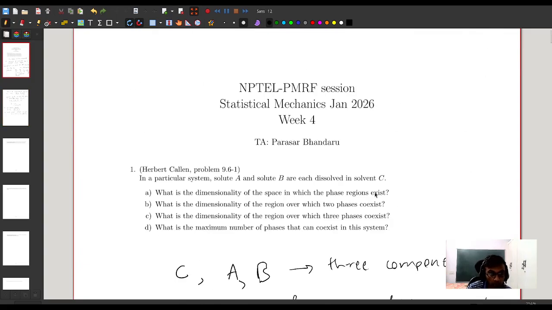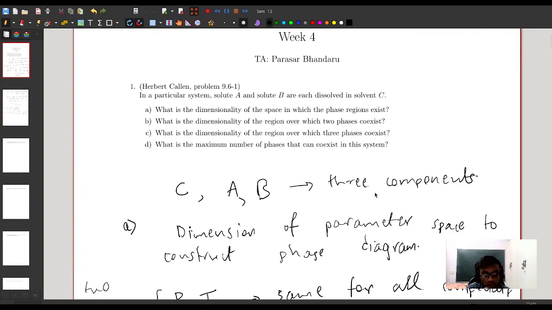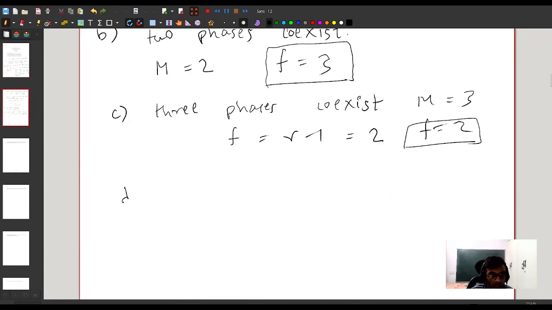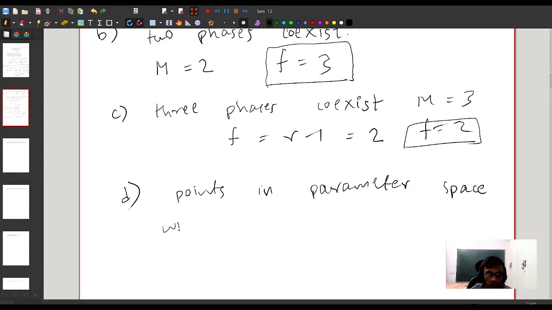Coming to the final part of the question, it is about the maximum number of phases that can coexist in the system. The least number of degrees of freedom you can have is 0. So you can have points in parameter space, and nothing less than that, with n phases coexisting.